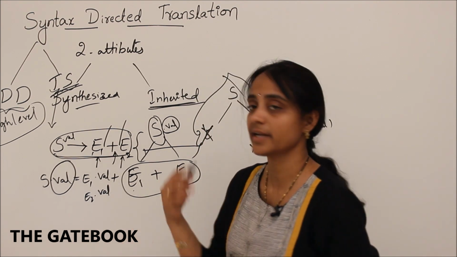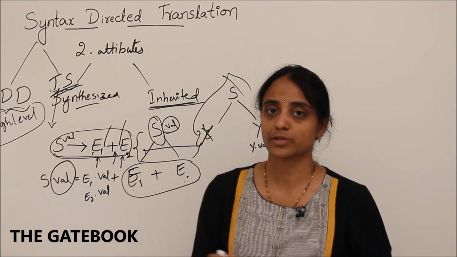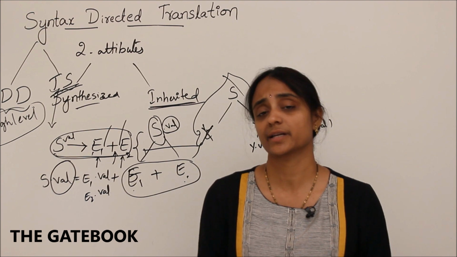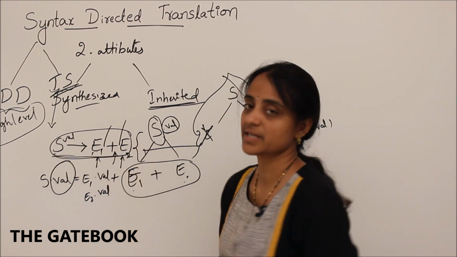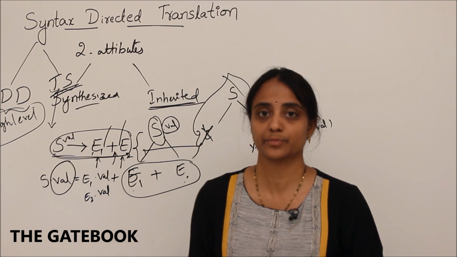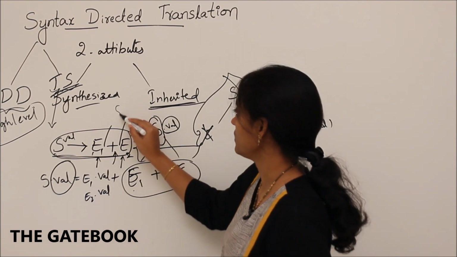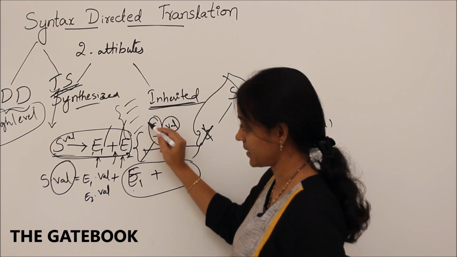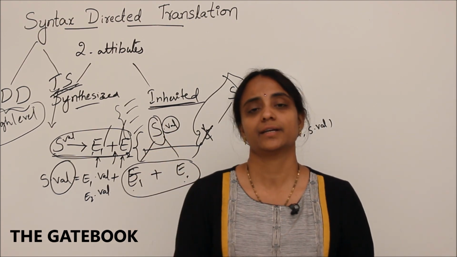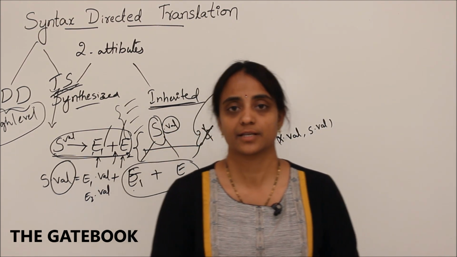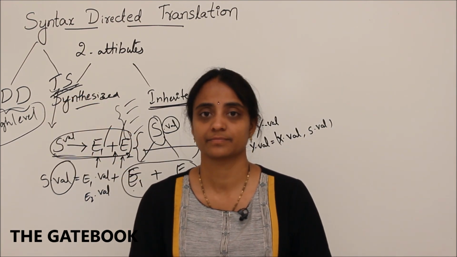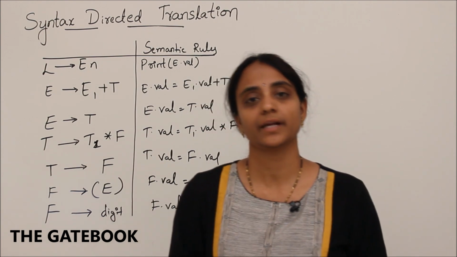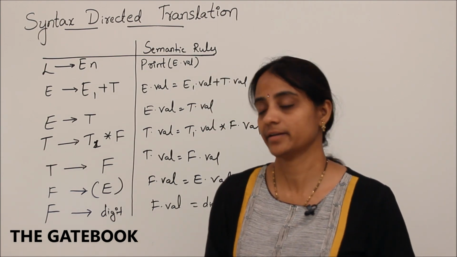Translation schemas, in addition to that, also tell implementation details like the order of computation. Suppose for this production there are 10 attributes I want to compute. Then they will also tell, if there is any dependency among the attributes, in which order they need to be computed. That is translation schemas. Let us take one example and try to understand the attributes.